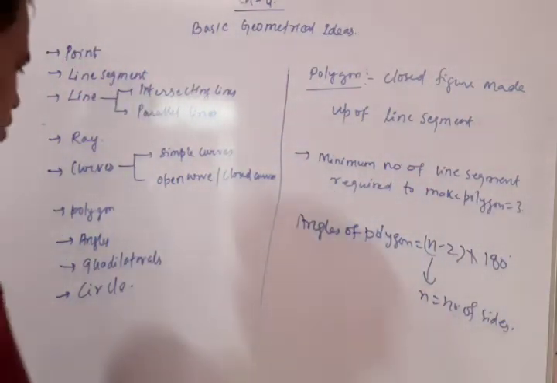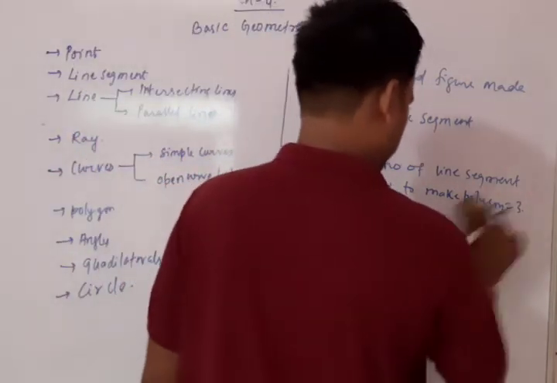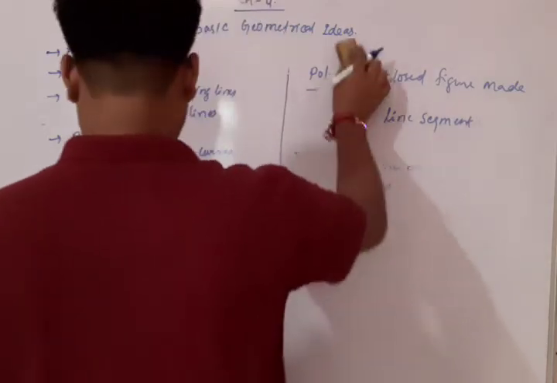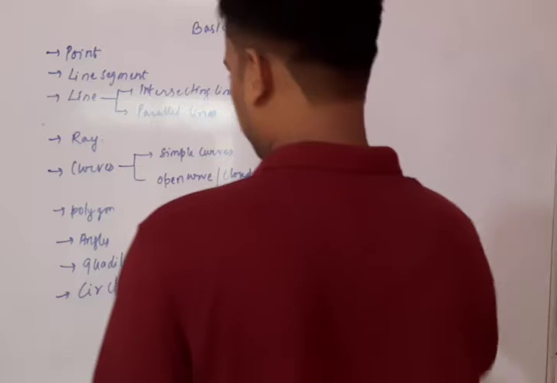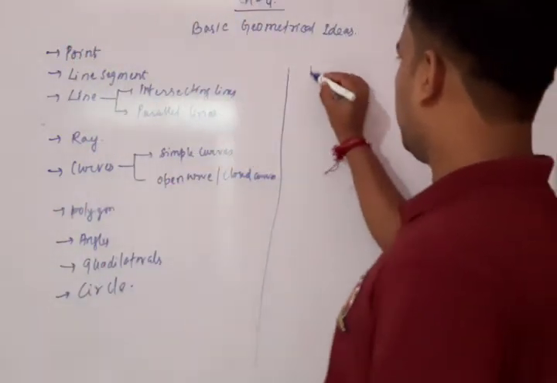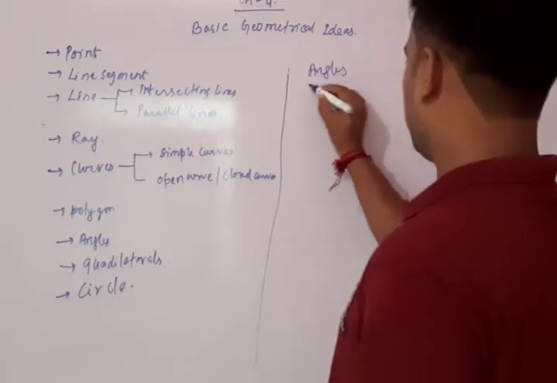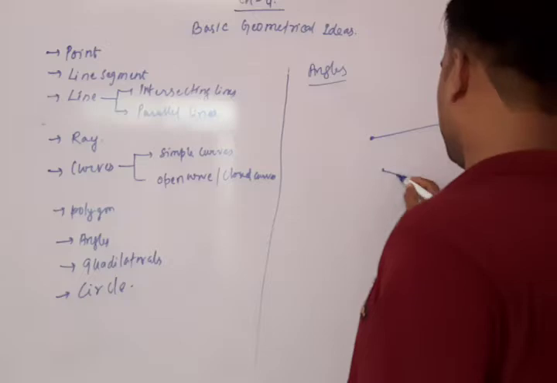So we have seen polygons. Now moving on, angles. How is an angle formed? This is a ray and this is another ray.